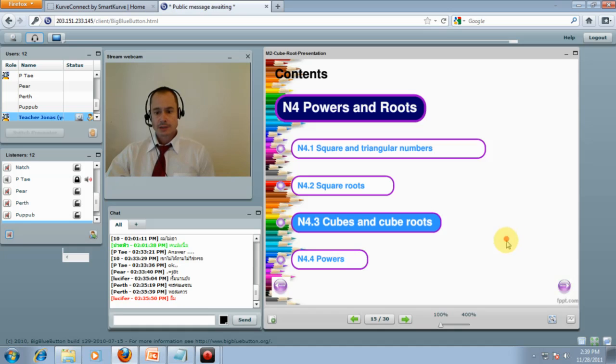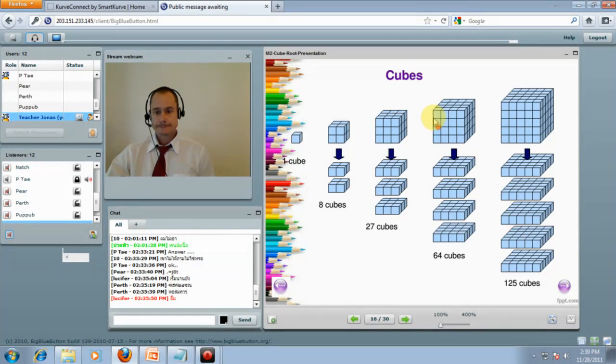Well, we have some other things to show you here for clarification. This is one cube and 8 cubes. This you can see are the perfect cubes. 27, 64, 125.